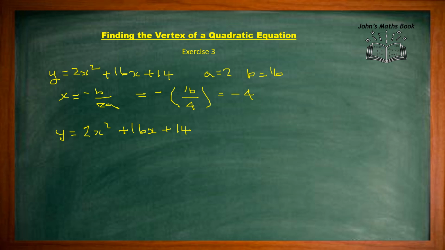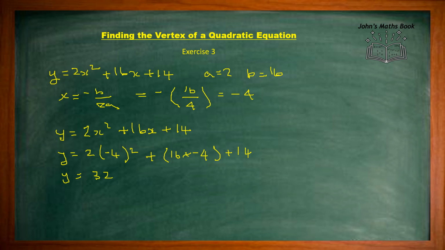So it gives y is equal to 2 times, so x is minus 4, so minus 4 squared plus 16 times minus 4 plus 14. So minus 4 squared gives 16, multiplied by 2 gives 32.